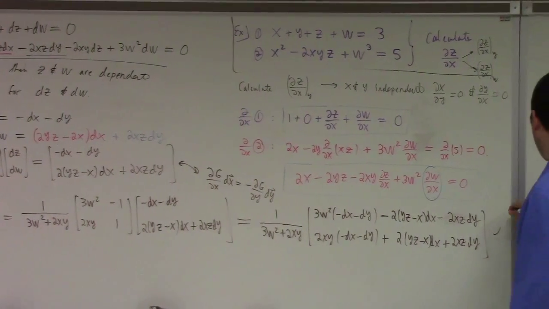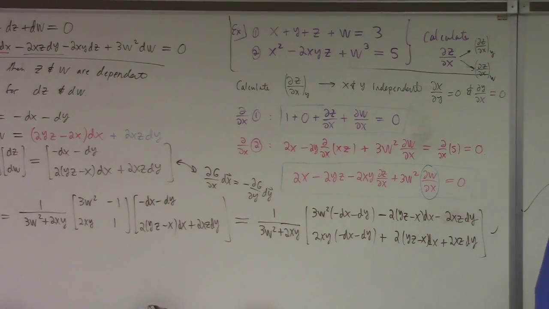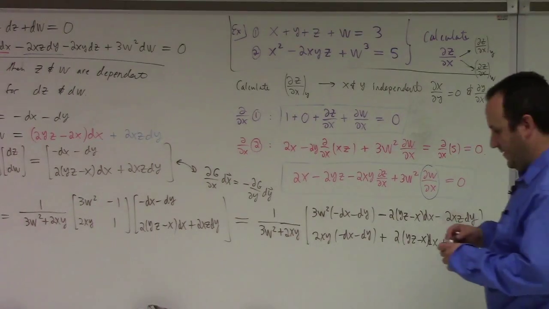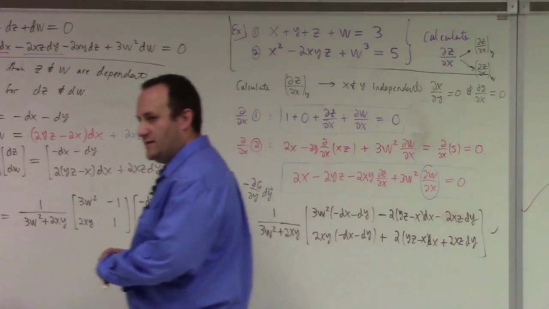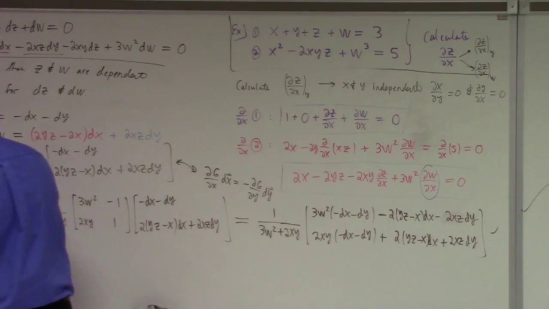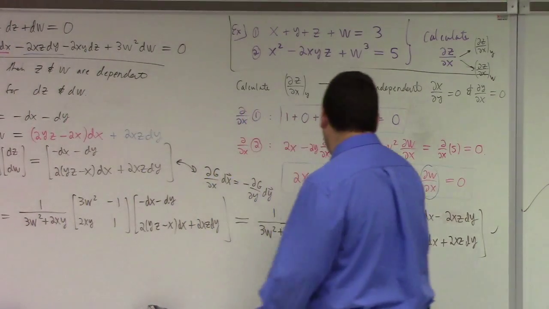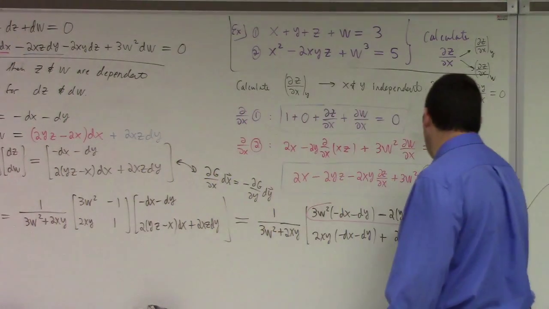Now what does this tell me? What's partial z partial x equal to then? We can equate, this is a column, so whatever it is equals all of this, keeping in mind the fraction up front.